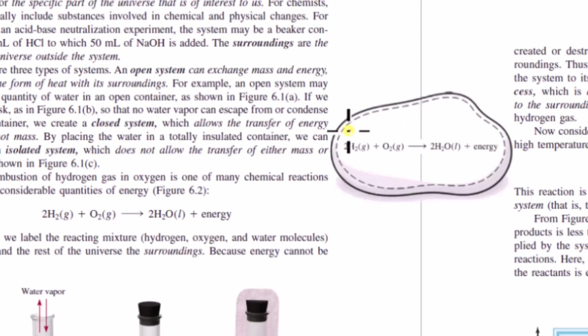Okay, but what was the temperature of the reactants? Well, that was essentially the temperature of the surrounding environment, right? Since the system was initially in thermal equilibrium with the surroundings. So right after the reaction is complete, the temperature of the gaseous H2O is higher than the temperature of the surrounding environment. And as a result of this temperature difference between the system and the surroundings, heat transfer occurs.